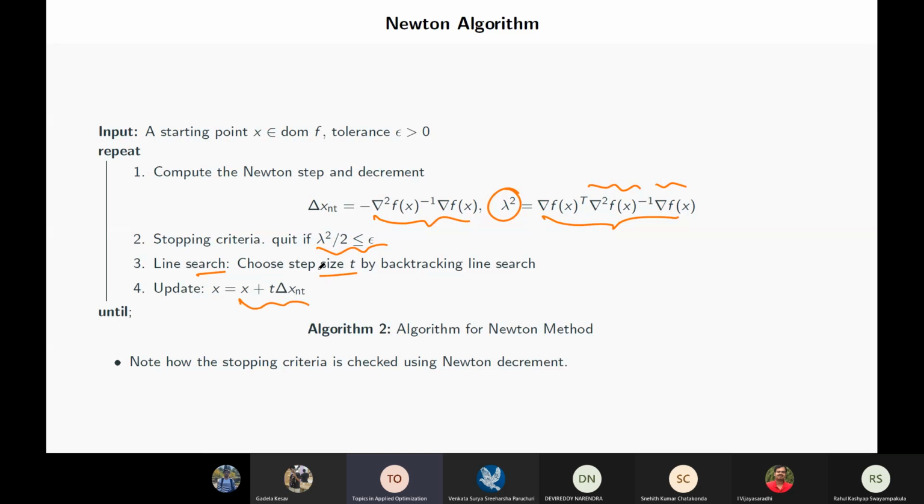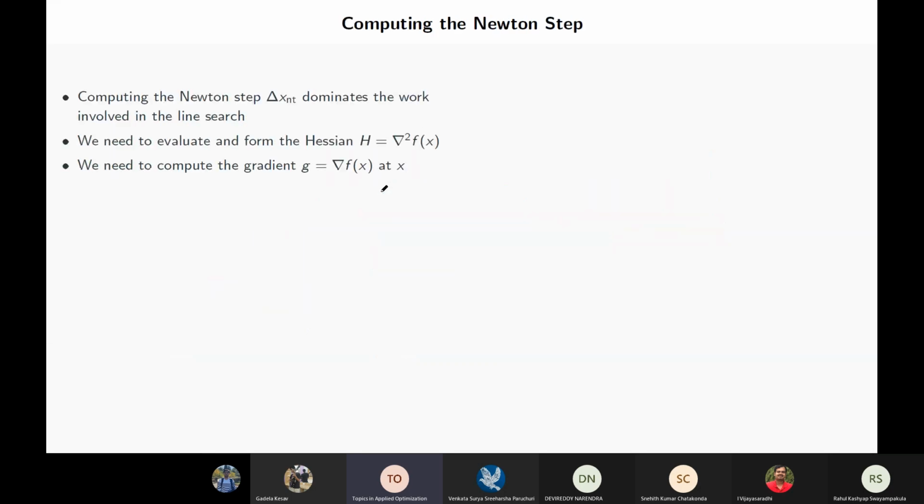Here it's plus because the negative is already taken care of. So this is the Newton method, and the main thing in the Newton method is that now you need the Hessian, which may not be easy to compute.